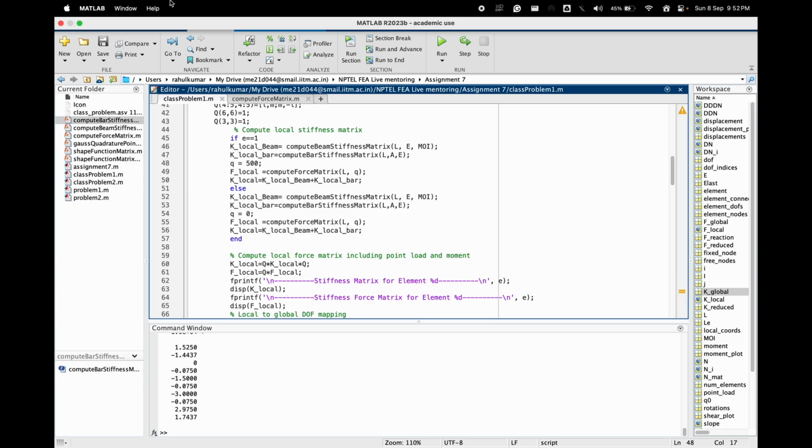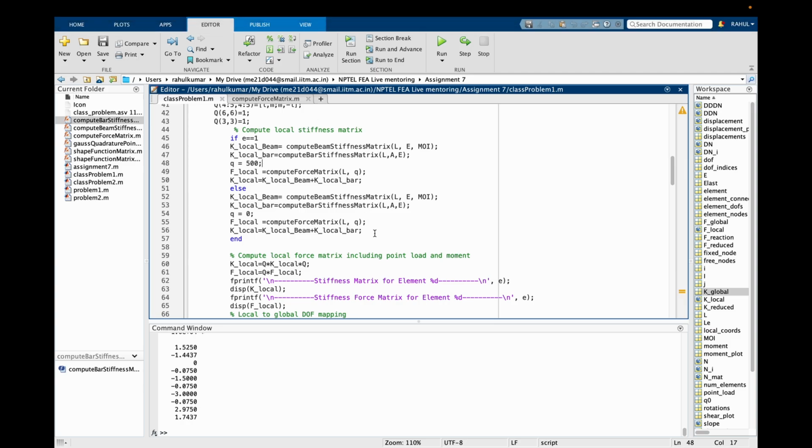If I talk about the elemental force matrix in the case of a bar, all the element force entries will be 0, and later we can add them as a boundary condition, and they will automatically enter the global force matrix.